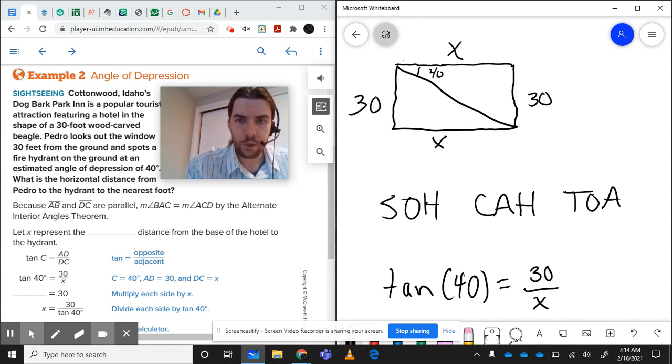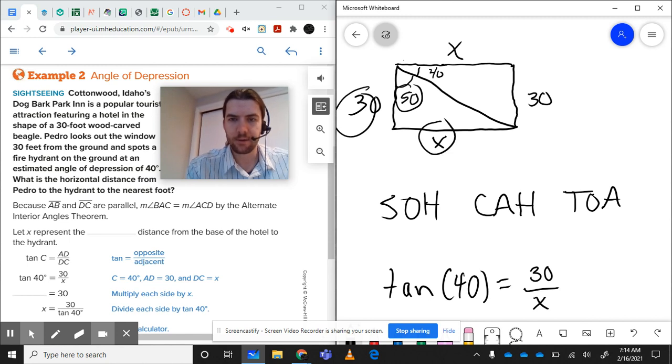Okay, now the other way we could do it is that we could say, well, we know these two are making a right angle, because this was 30 straight up. This was looking straight to the right. So this should be a 90-degree angle, which means that this part right here would be 50 degrees. So we could use that and that and that together.